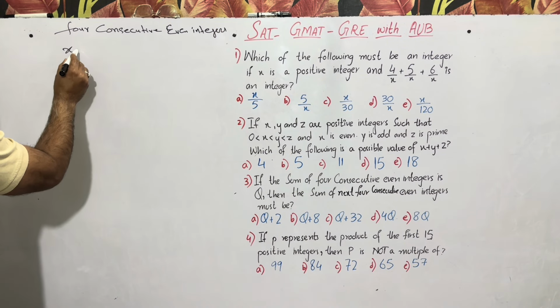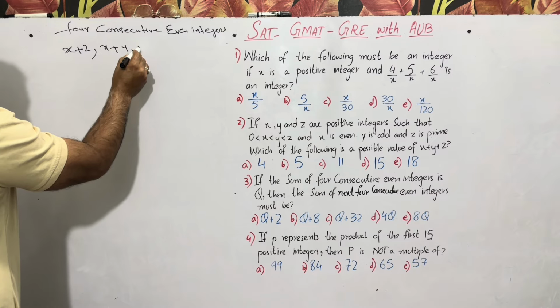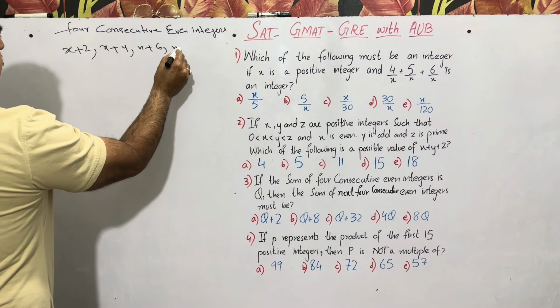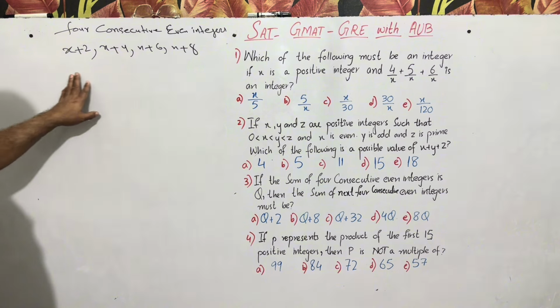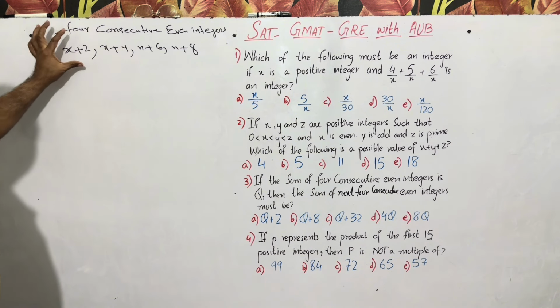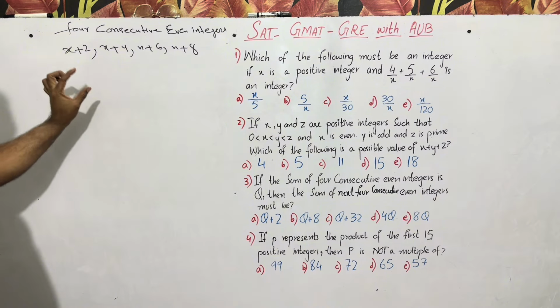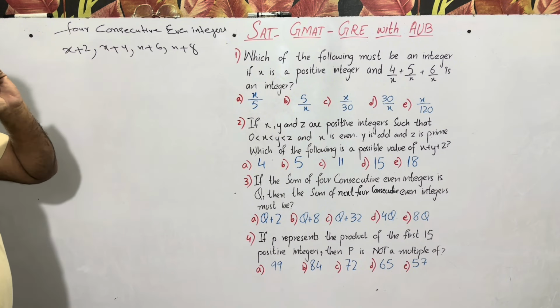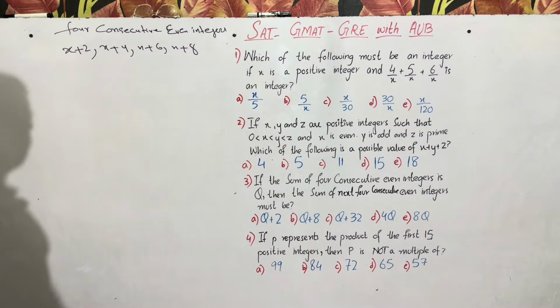On the safe side, assume that they are x plus 2, x plus 4, x plus 6, x plus 8. I have taken a simple one starting from 2, 4, 6, 8. These are the even integers, to give you a good idea to grapple with the situation with no effort. These are 4 integers, and we have been given that their sum is q.